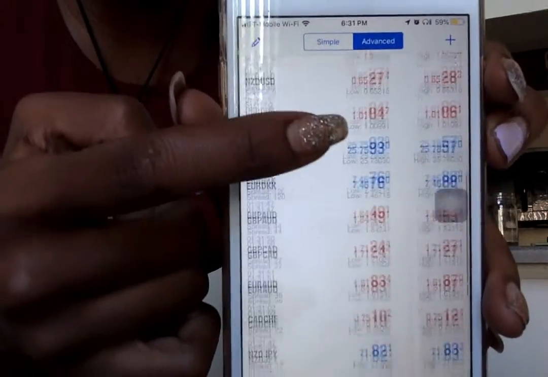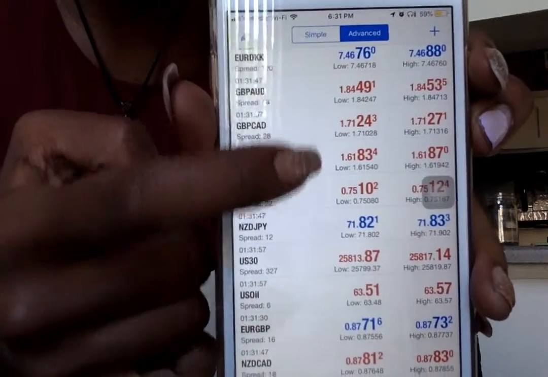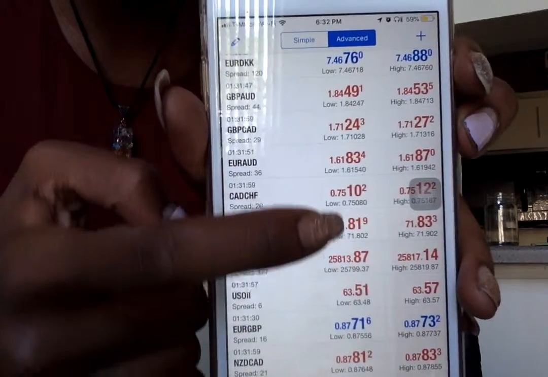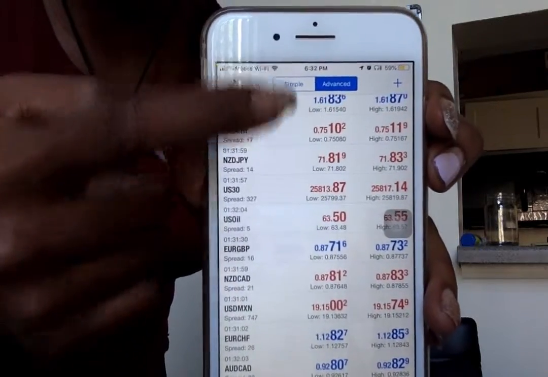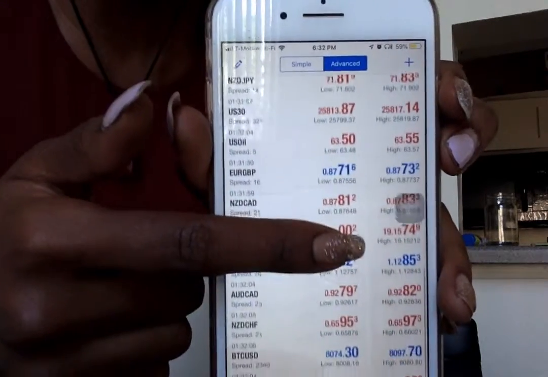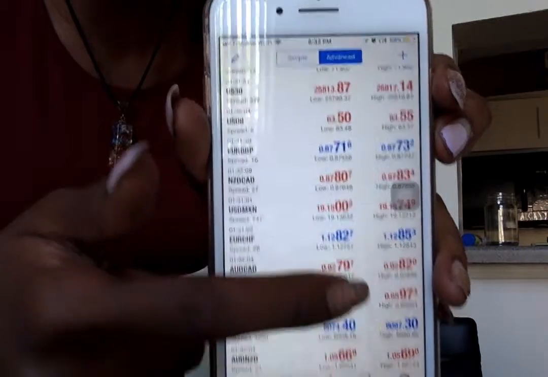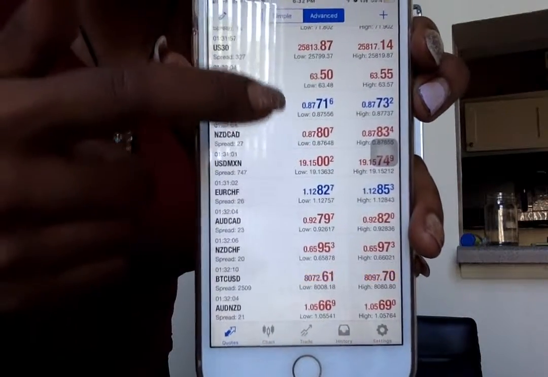There's nicknames for all of these, but you will see how the market will move and change numbers every now and then. It's only 6:32, so the market just opened, so it's not too much activity at the moment, but there will be some fluctuation of numbers you will see here.